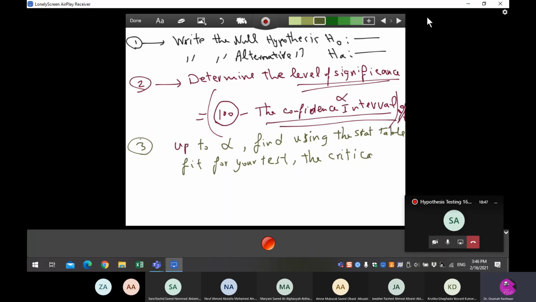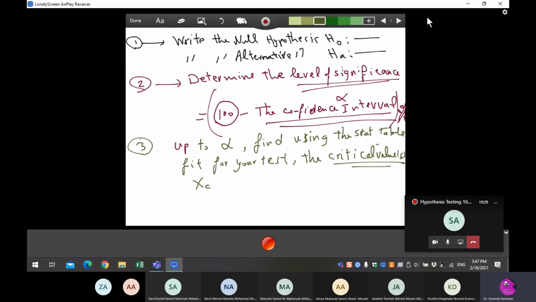So we know the critical value is found by the stat table for the right test. If it's a Z test, we use the Z table. T test, we use the T table. Chi-square test, we go for the chi-square table. F test, we go for the F table, and we will see this in detail, right? So the critical value, I call it XC. Sometimes you have only one critical value, and sometimes you have more than one. If you have one, okay. If you have two, that's okay.